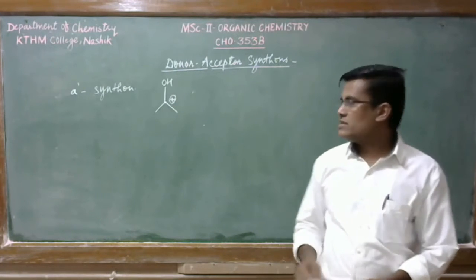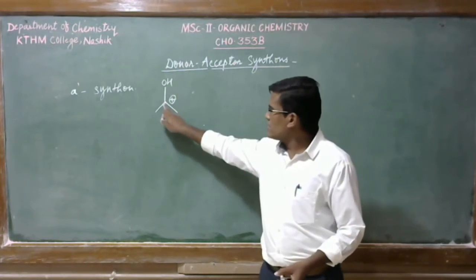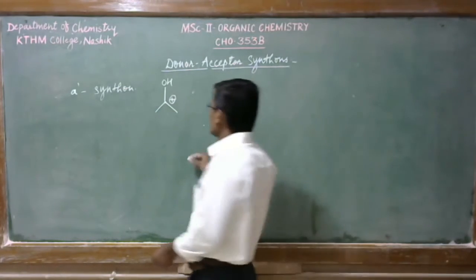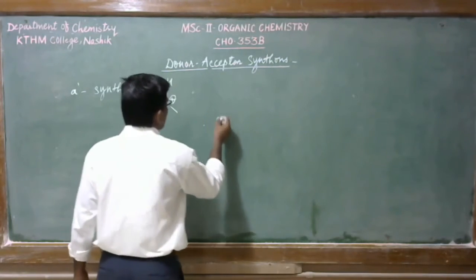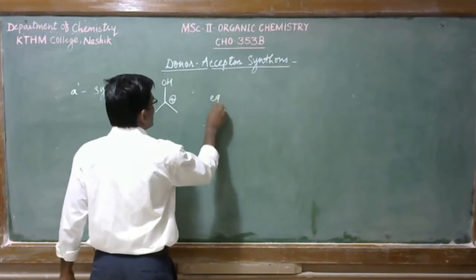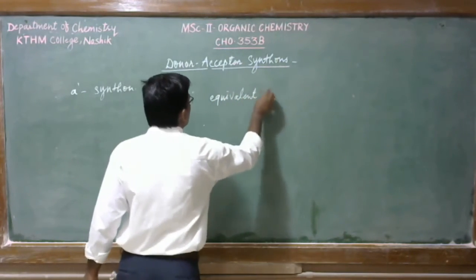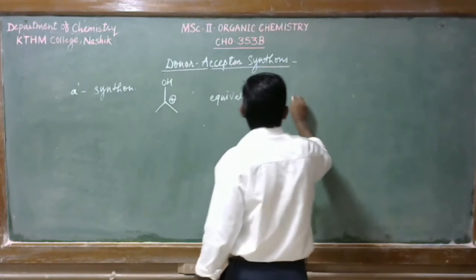That means the active site where the functional group is present. So this is the A1 synthon, and this is equivalent to this ketone.